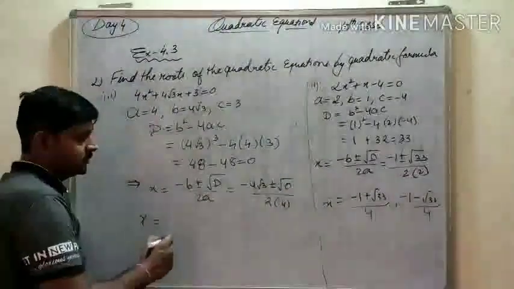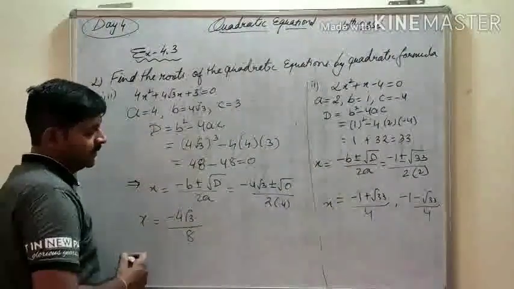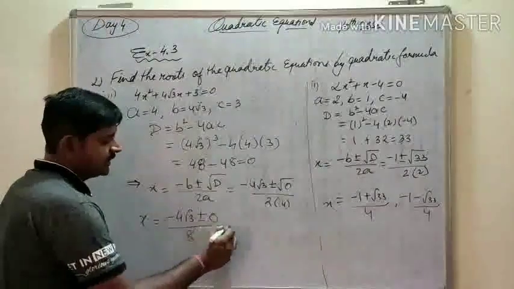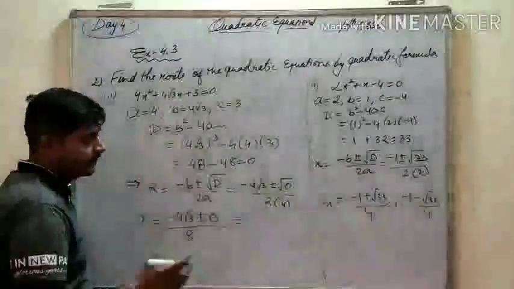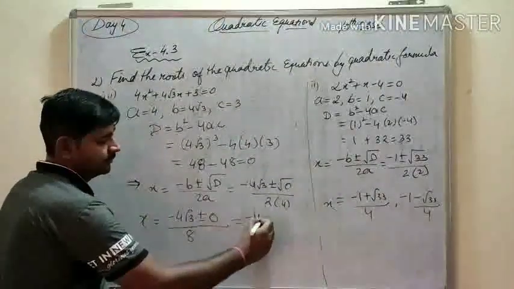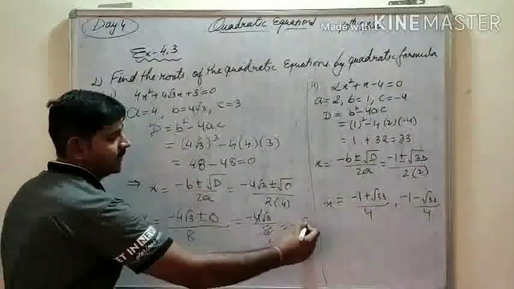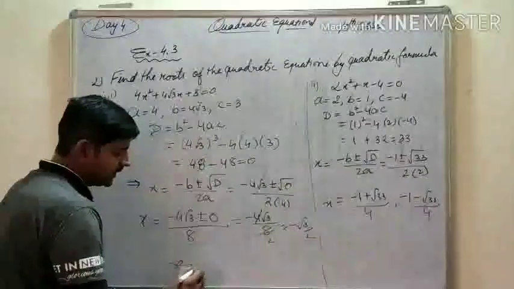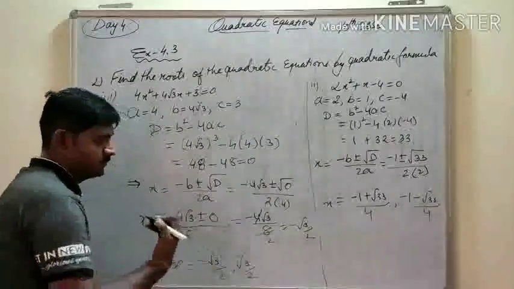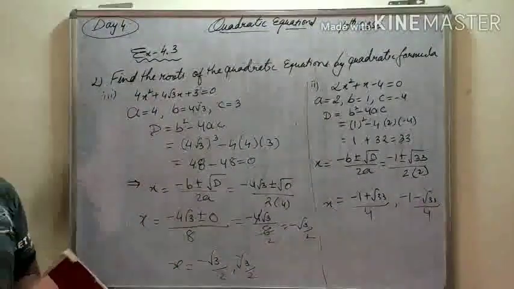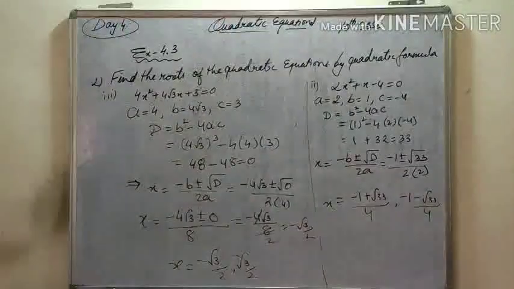So x equals minus 4 root 3 upon 8 plus minus 0. I'll write it, but it doesn't matter if we add 0 or subtract, it will be the same. 4 ones are 4 and 4 twos are 8, so we get minus root 3 upon 2. That's why there are equal real roots, which are minus root 3 upon 2. Please write it. Then we will continue with the fourth part.